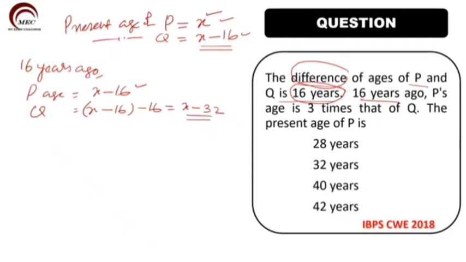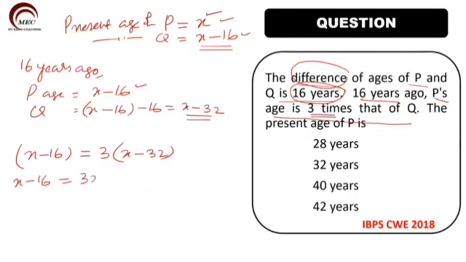At that time, P's age was 3 times that of Q. P's age, that is X minus 16, was equal to 3 times of X minus 32. This is what is given. P's age is 3 times that of Q. So X minus 16 is equal to 3X minus 96. 3 into X, 3X. 3 into 32, 96.